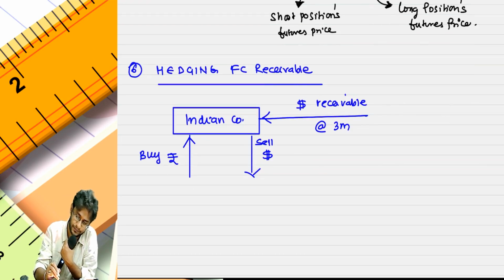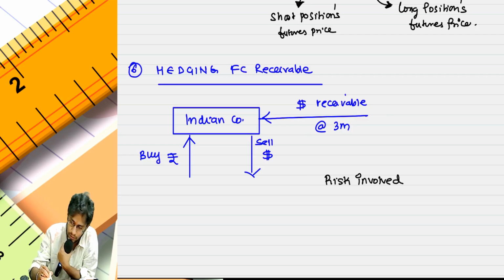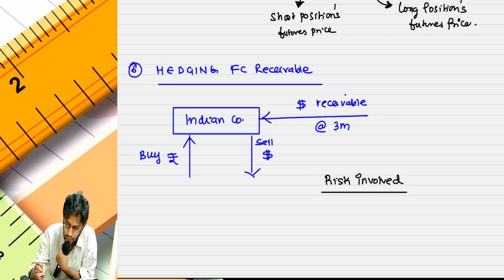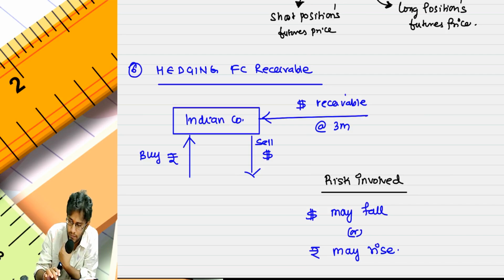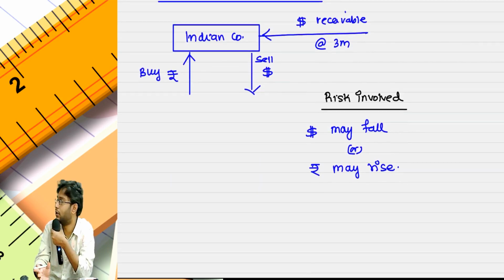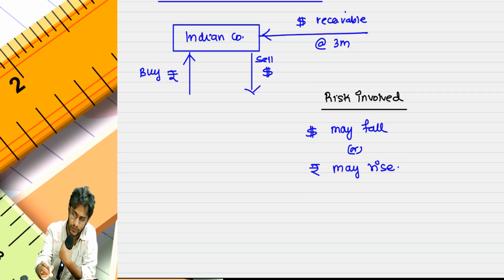The risk involved is that the dollar may fall or the rupee may rise. Both are the same thing, only different expressions. If either happens, I'll suffer a loss.